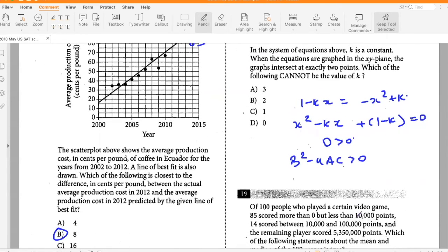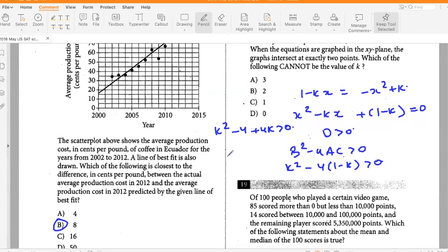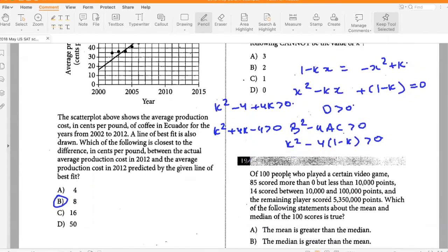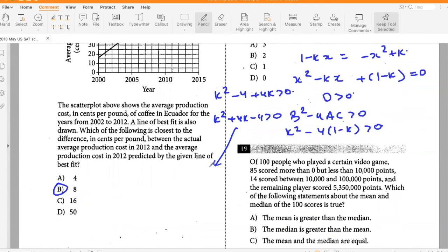So that's k squared minus 4 times (1 minus k) should be positive. So that becomes k squared minus 4 plus 4k should be positive. So k squared plus 4k minus 4 should be positive. Let me write here.